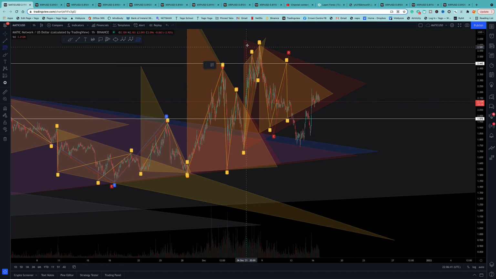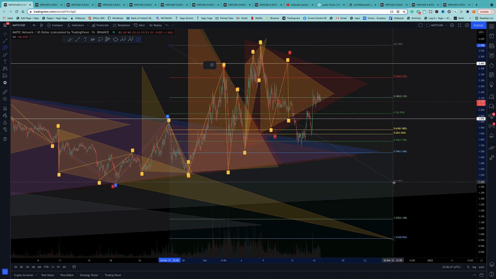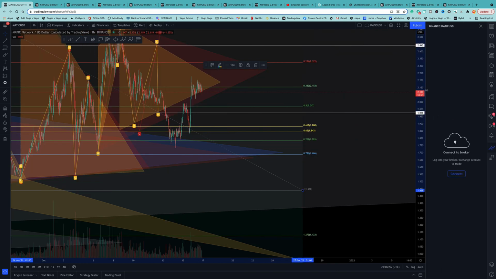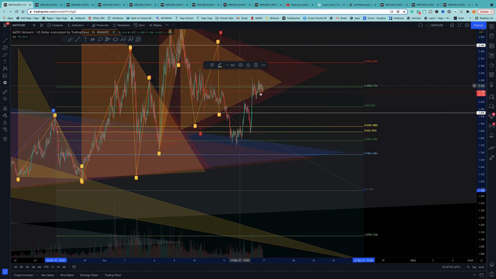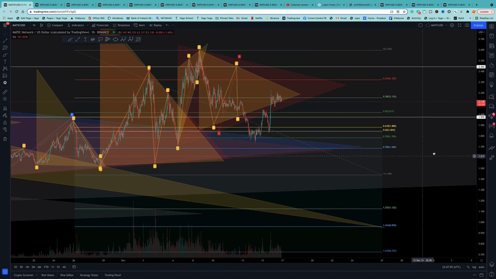So if I go from the top here with the fib to the bottom here, this lets me make sense of the chart.